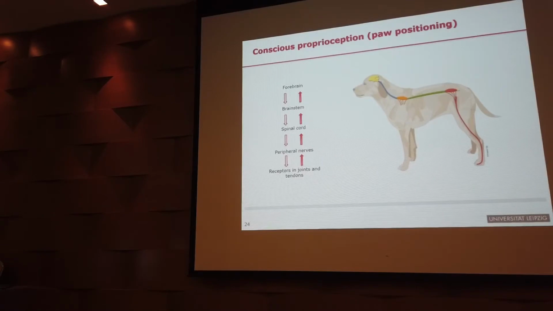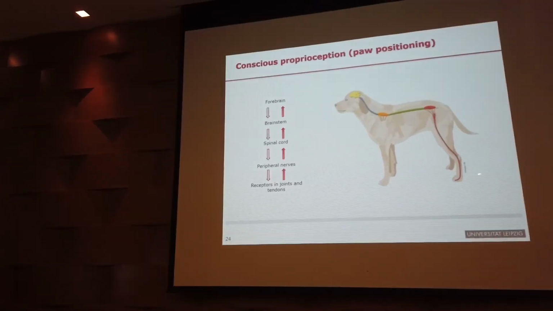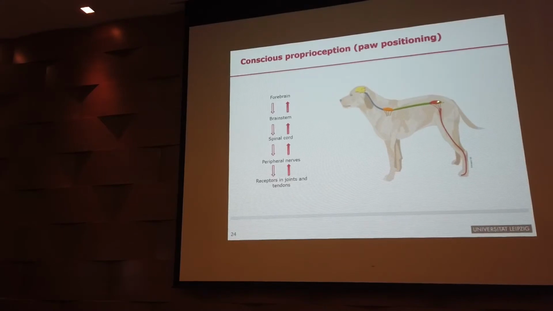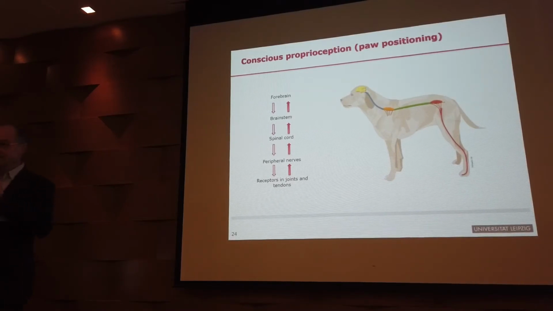And the reason is, if I turn around this paw here, the information is going up the peripheral nerve to the spinal cord, and then it's traveling along the spinal cord to the brainstem and to the forebrain, to the opposite side, to the sensory cortex, from there to the motor cortex, and then the response is coming back the entire way, and the paw is placed in the correct position.